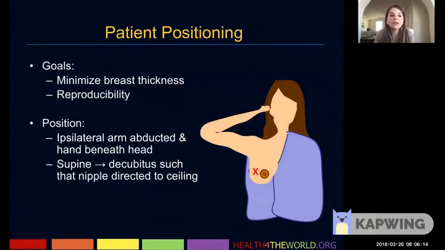So when we perform breast ultrasound, the goals of patient positioning are really two things. We want to minimize the breast thickness so we can see lesions well, and we want to create a reproducible image. And why we want to create a reproducible image is because very frequently I might be the doctor originally seeing the patient, doing her workup, finding the lesion and recommending it for biopsy.